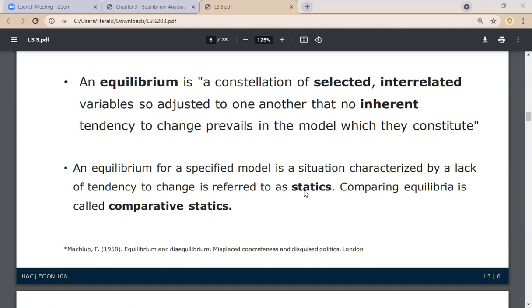It is possible that the variables under study could change eventually, and with that there is dynamics already. When you compare two equilibrium states, you call that comparative statics. The equilibrium state we are studying right now is statics, where we look at an equilibrium state at one point in time.